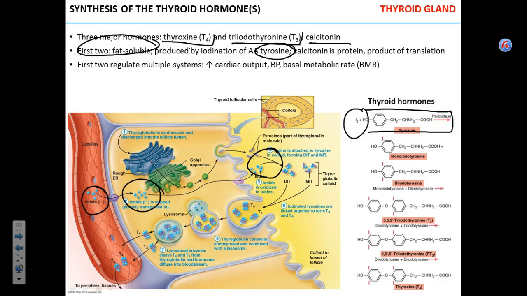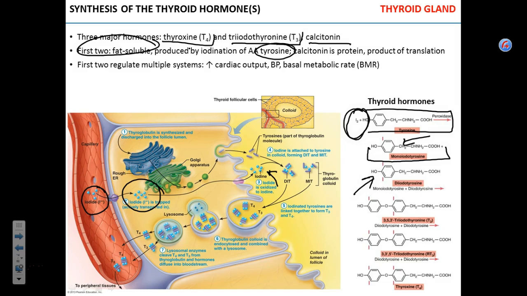Iodide is then reduced and finally forms iodine. This I2, iodine, the actual chemical. So this iodine interacts chemically with tyrosine, forming two intermediates. One intermediate has one iodine, another has two. Monoiodotyrosine, diiodotyrosine.